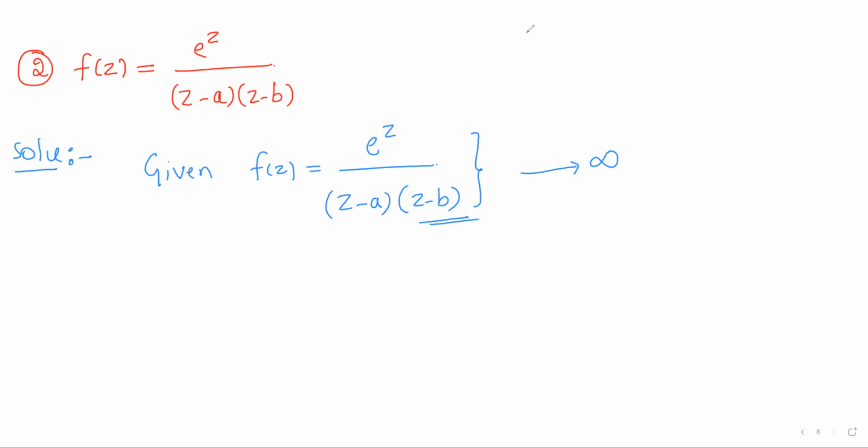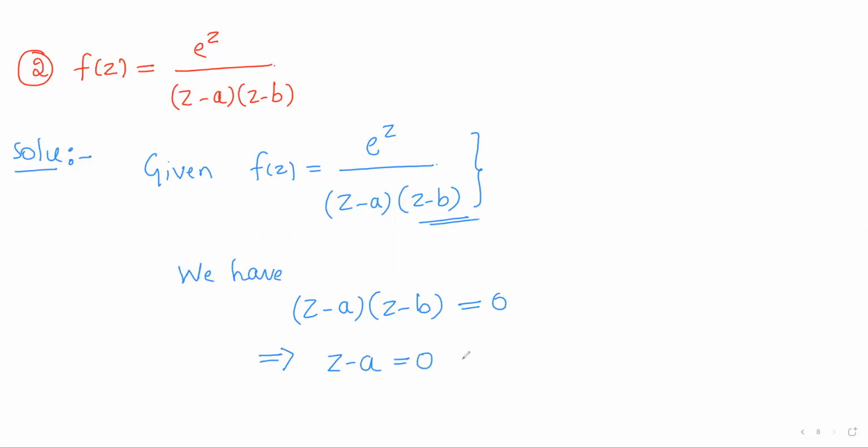So now we shall find the zeros of the denominator function, which will be nothing but the poles of f of z. So we have the denominator function z minus a into z minus b equal to 0. So we have a product of two factors equal to 0. So the product will be 0 if any one is 0.